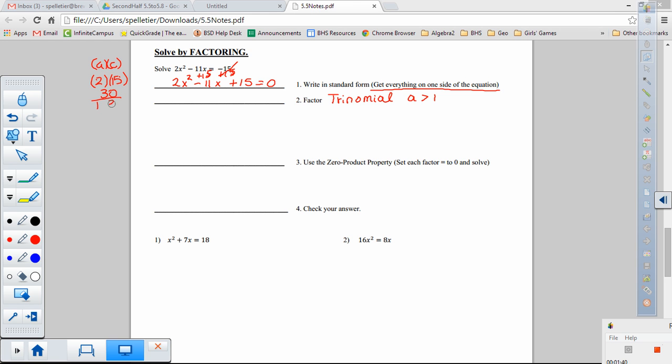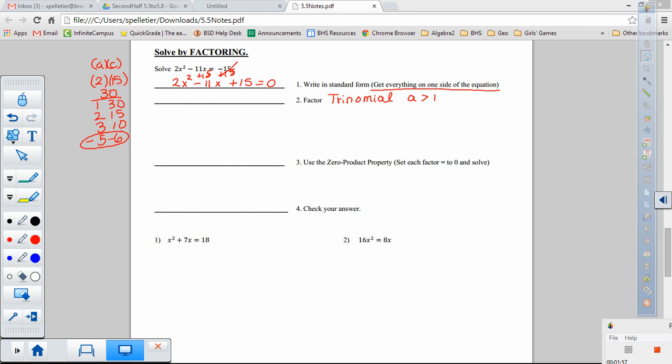Factors of 30: 1 and 30, 2 and 15, 3 and 10, 5 and 6. There are your factors of 30. We need the set that's going to give us negative 11, so negative 5 and negative 6.